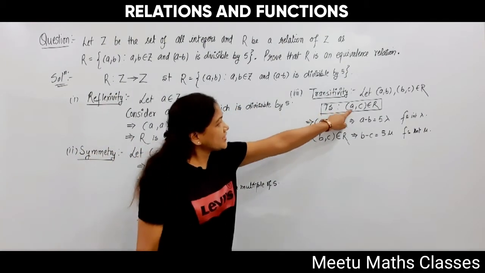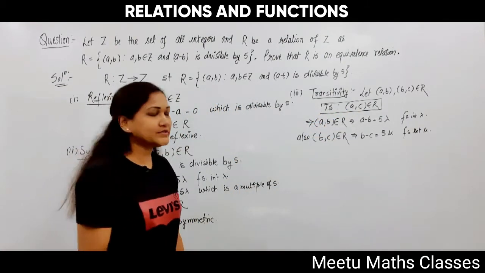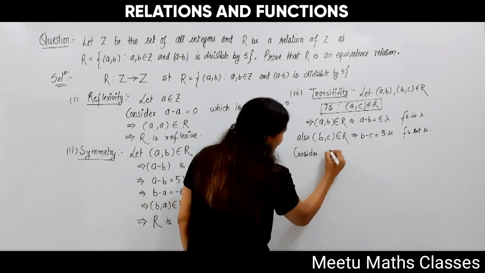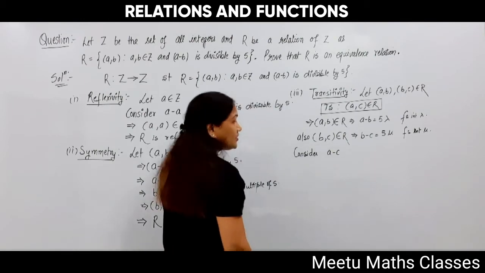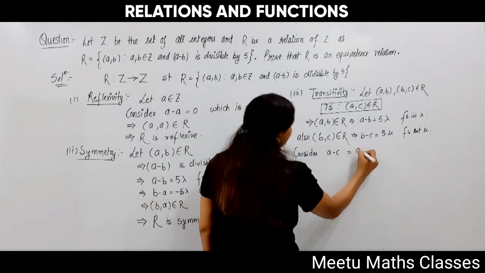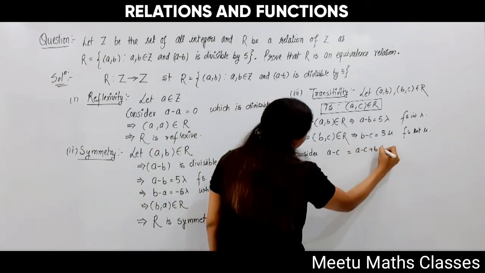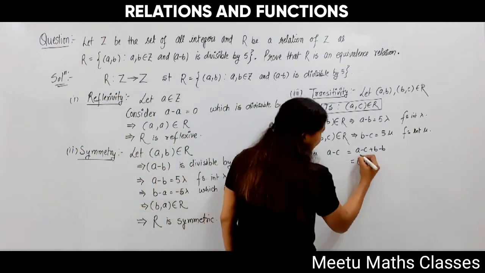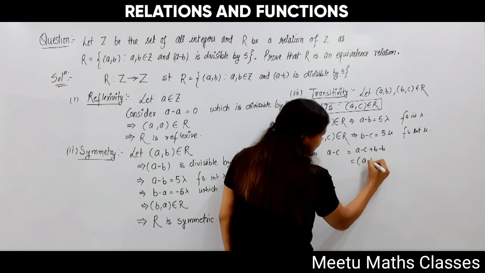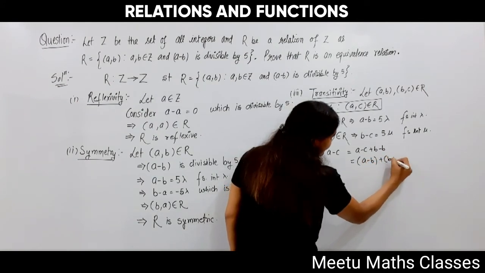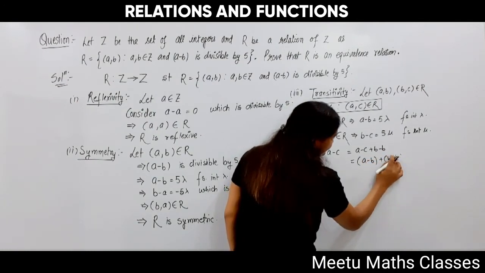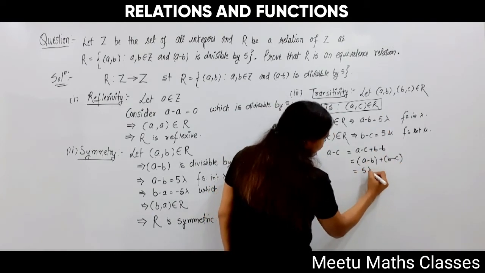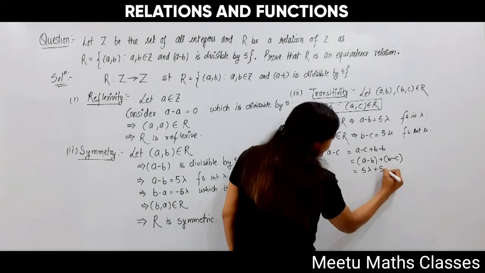Now we are going to check whether a is related to c or not. So consider a minus c. Now in a minus c, you can add and subtract b. It won't change anything. Now you can rewrite this as a minus b plus b minus c, and a minus b is equal to 5 lambda and this is 5 mu.